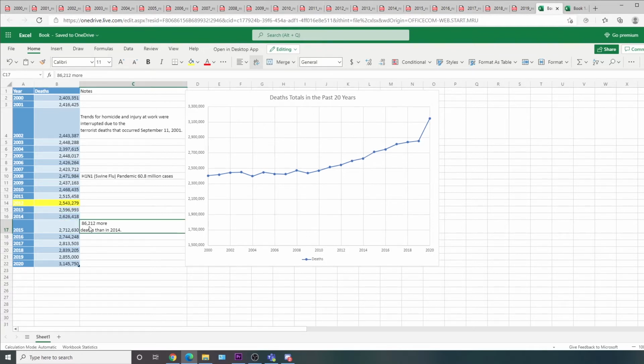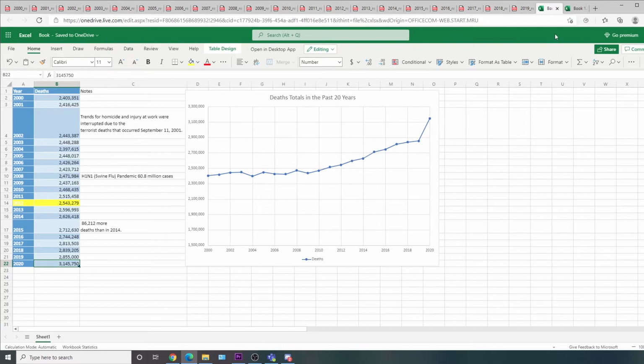Actually, sorry, 86,212 more deaths compared to the previous year. We stay at 2.7 million deaths for about 2 years, and then we go on a steady incline to 2.8 million deaths. So in the year 2020, it was projected that there were 3.1 million deaths.